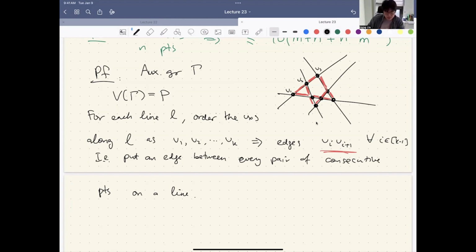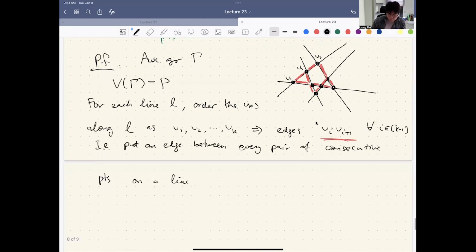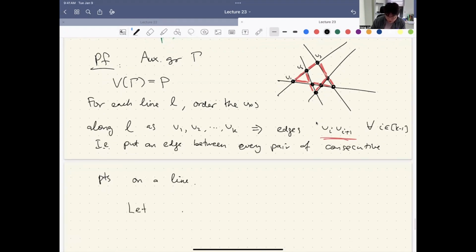If we let Si be the number of points on the line Li, so for this Li it is 3, then the sum of these sizes is precisely the number of incidences.